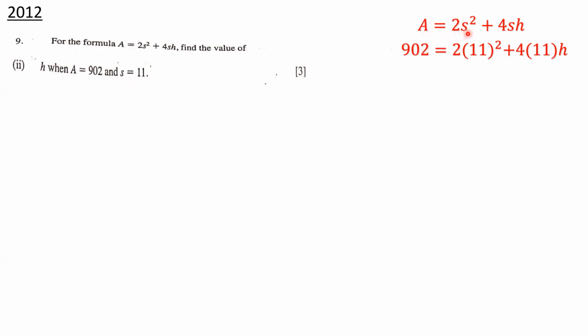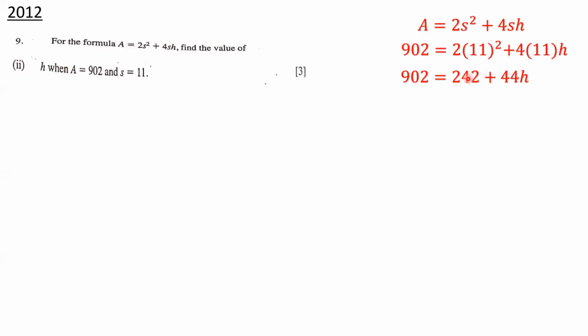Wherever we see S, we're going to put 11. So what is 2 times 11 squared? Well, 2 times 11 squared is 242, because 11 times 11 is 121, and when you multiply 121 by 2, you get 242.